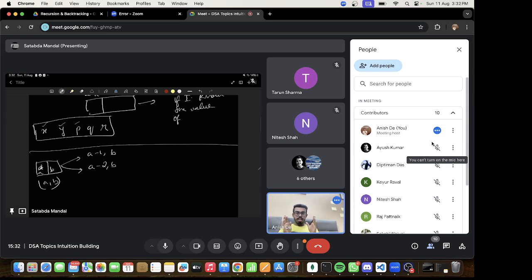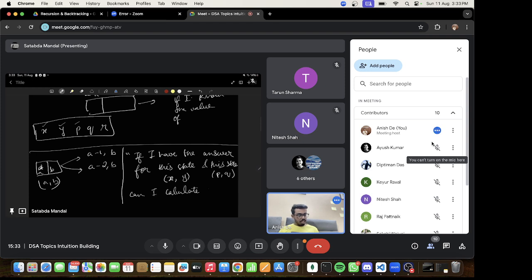The golden rule for thinking of a DP solution, always remember this: if I have the answer for this state and this state, or a certain number of states, let's say x, y and state p, q, can I calculate the answer for my current state?